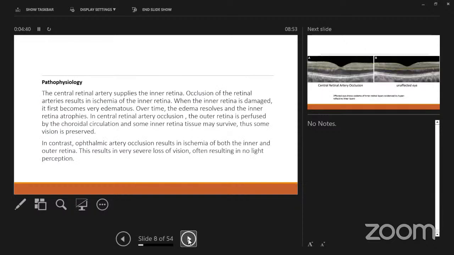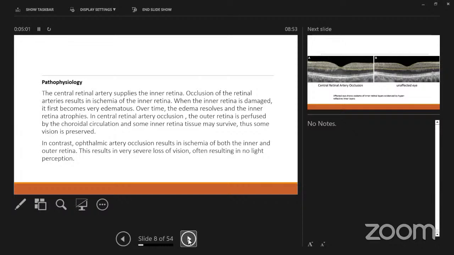So, pathophysiology in CRAO: the central retinal artery supplies the inner retina. Occlusion of the retinal artery results in ischemia of the inner retina. When the inner retina is damaged, it first becomes very edematous, and over time the edema resolves and the inner retina atrophies. In central retinal artery occlusion, the outer retina is perfused by choroidal circulation, and some inner retinal tissue may survive. Thus, some vision is preserved.